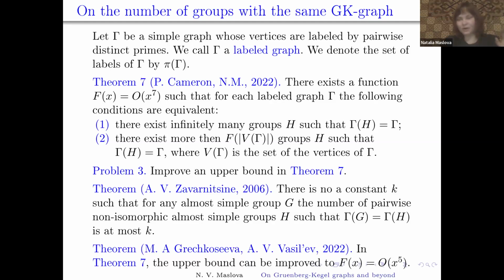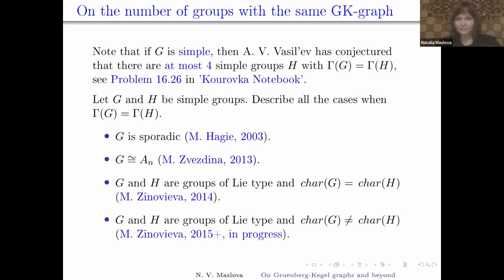And if we omit the statement that the group is almost simple and restrict this statement to simple groups, then we have the conjecture by Andrei Vasilyev. Andrei Vasilyev has conjectured that there are at most 4 pairwise non-isomorphic finite simple groups with pairwise coinciding Gruenberg-Kegel graphs.